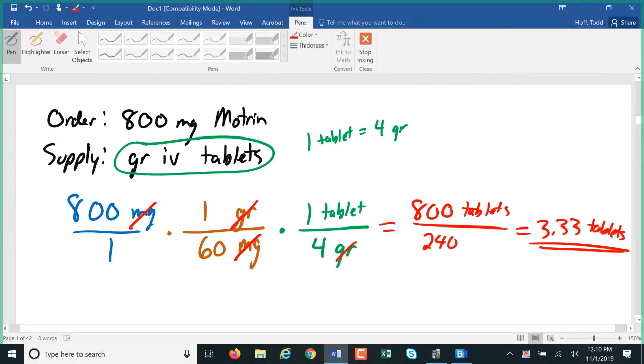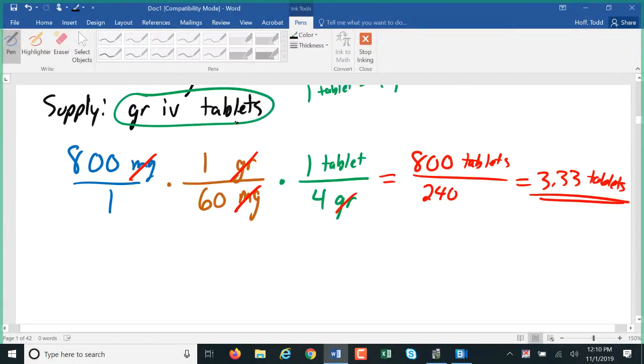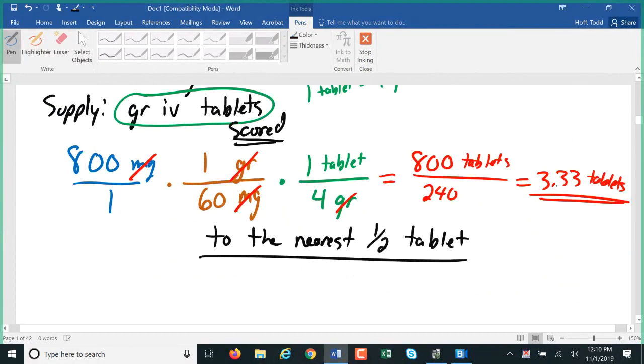We had mentioned when we started talking about medications that tablets, especially if they're labeled as scored tablets, can really only be administered in a full tablet or a half tablet. So if we have to go to the nearest half tablet, this is between 3 and 3.5. Is it closer to the 3 or closer to the 3.5?